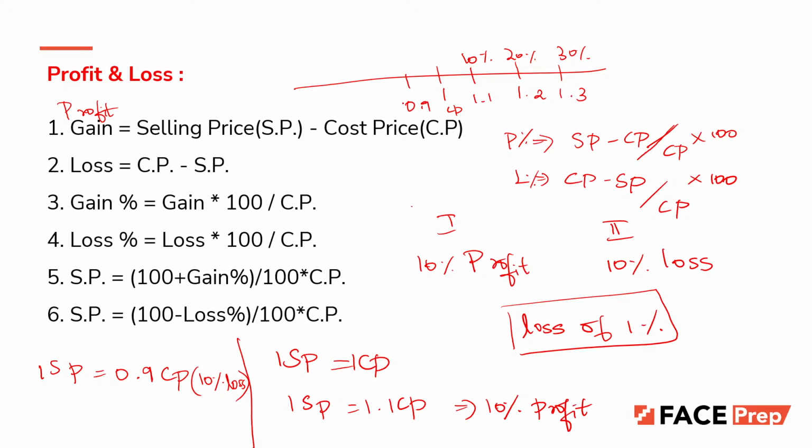Similarly, if it is 0.9, 0.8, 0.7 and so on, you may take the value as 10 percentage loss, 20 percentage loss and 30 percentage loss, right? Okay, so that's all the basic concept which you have to learn for profit and loss, and according to questions, you have to vary the part. Okay, right. I hope this is clear for everyone.